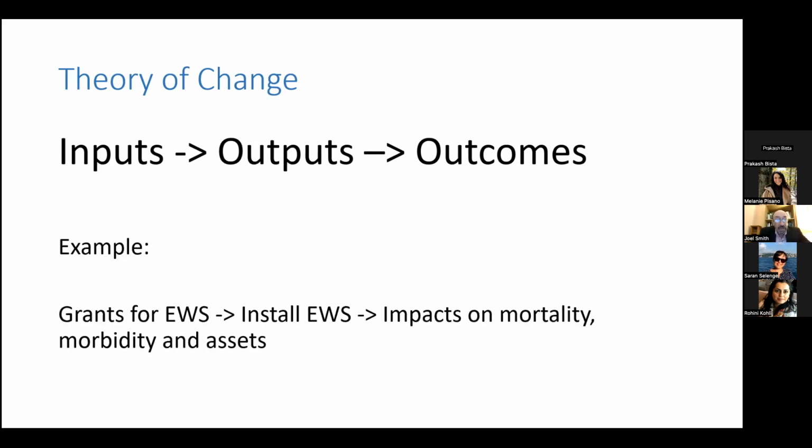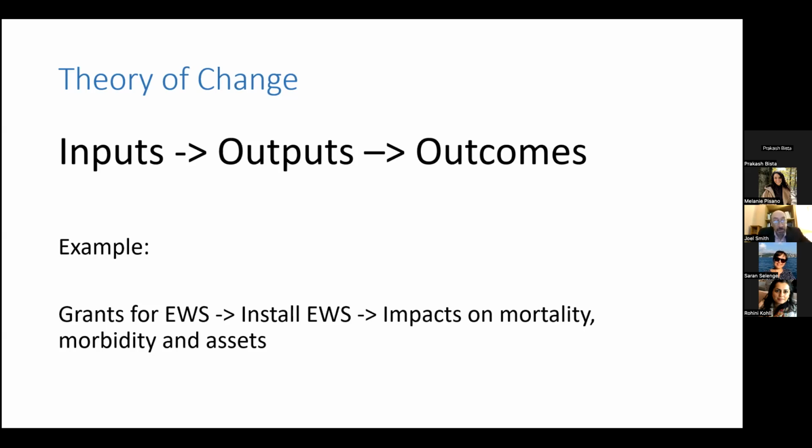So an example here is, let's say we want early warning systems, which has been expressed in UNFCCC discussions. We want those widely installed. Well, one input, there are many, but one could be providing grants for countries to actually purchase and put in EWSs. And so the input would be the grants. The output would be, are these early warning systems installed?